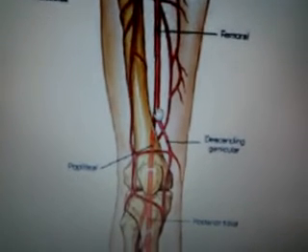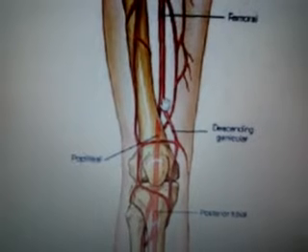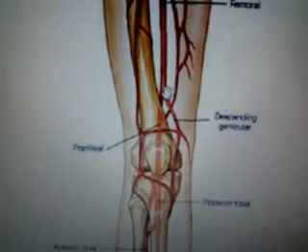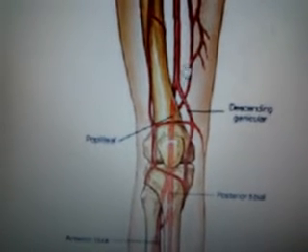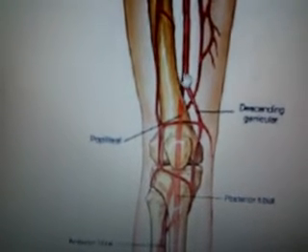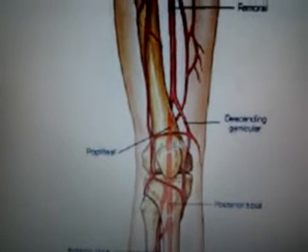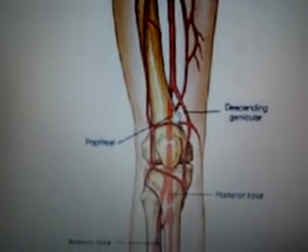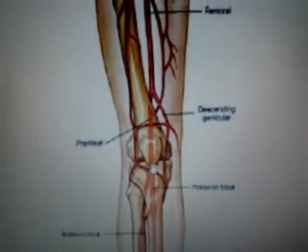Upon re-emerging on the posterior side of the limb, it is now known as the popliteal artery. The popliteal artery gives off descending genicular arteries, genicular meaning knee, so these are arteries that supply the knee region.